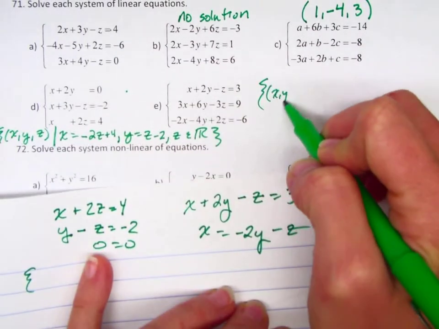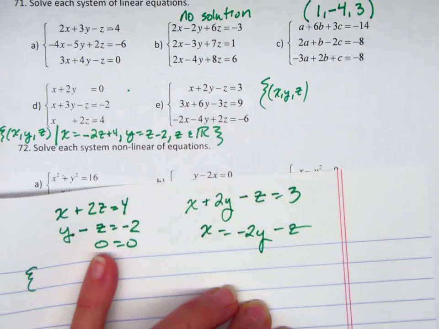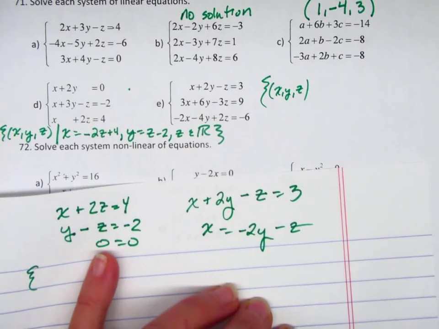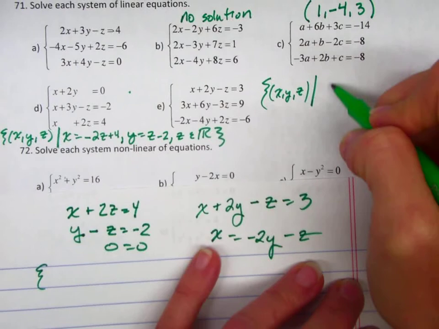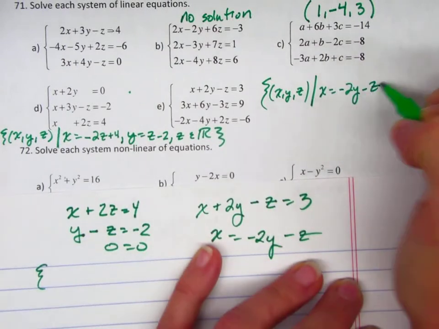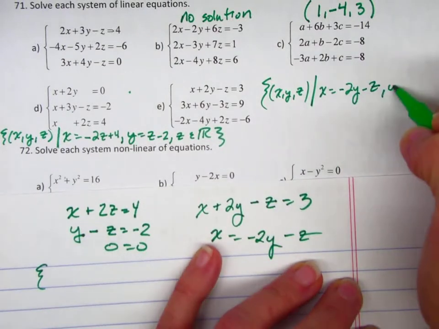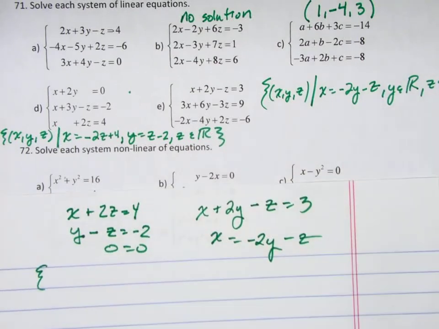So we have all the ordered triples x, y, z, such that x equals negative 2y minus z. And then y is all real numbers, and z is all real numbers.